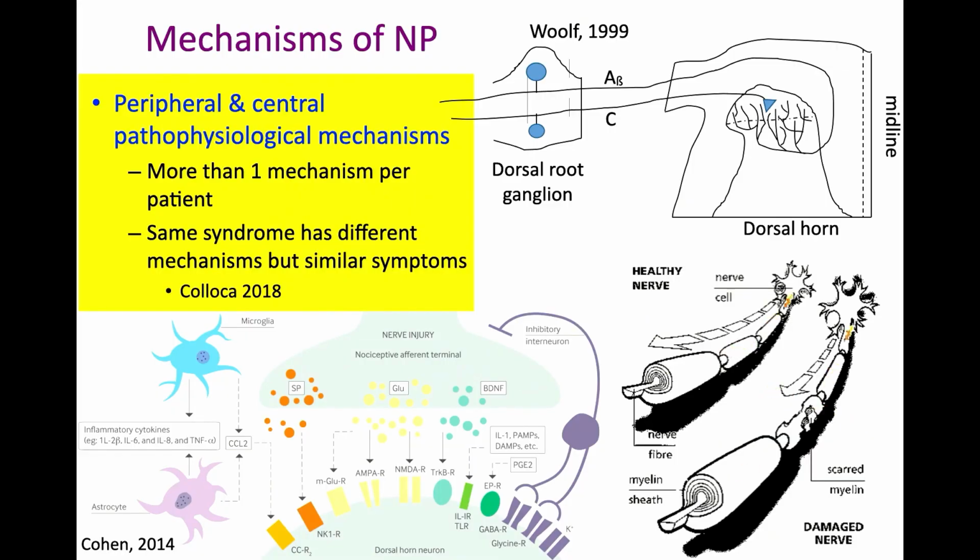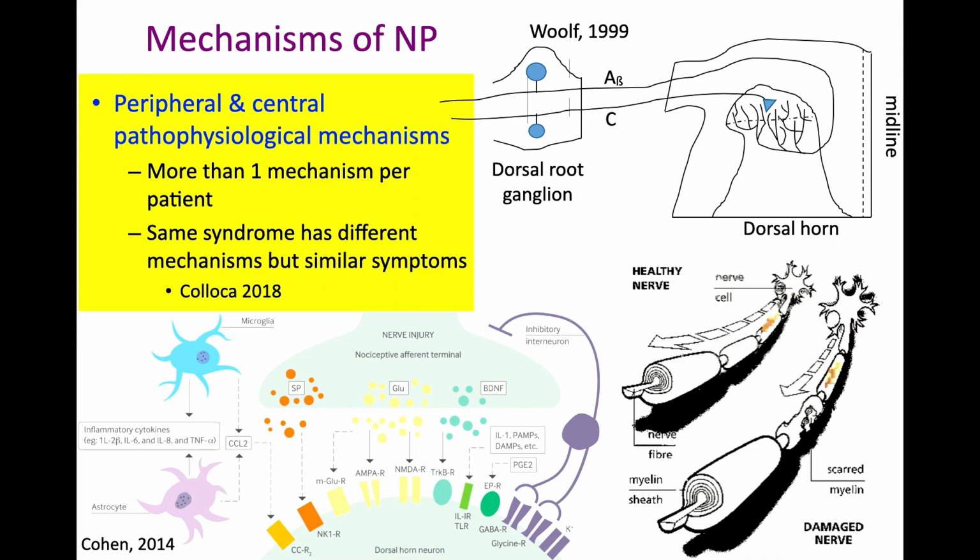Now, there are many different mechanisms underlying nerve pain. And I would broadly classify them into central mechanisms and peripheral mechanisms. The central mechanisms don't seem to respond so well to physical treatments. That's why we need to identify those people.